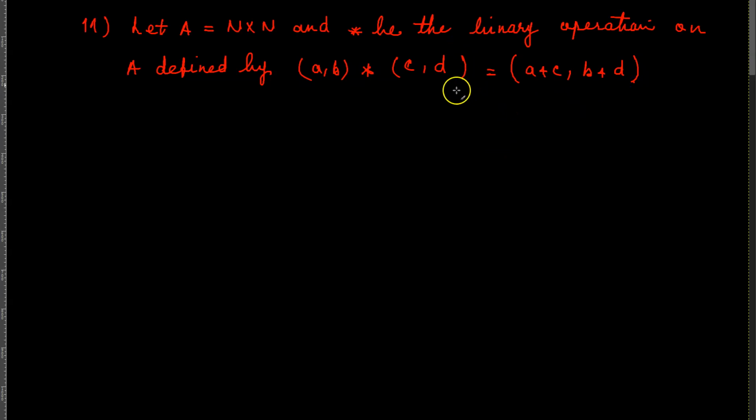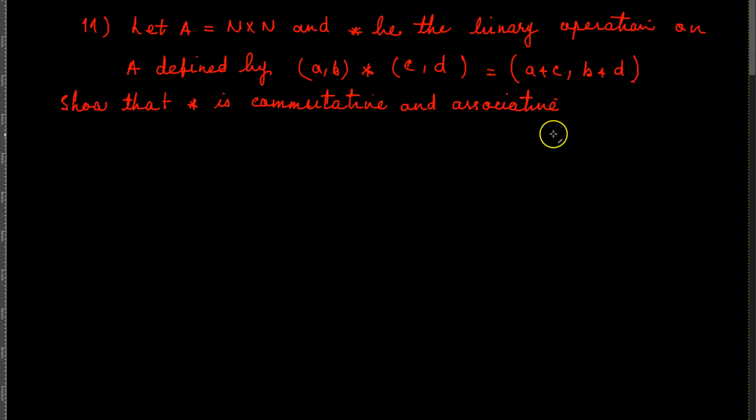You want to show that star is commutative and associative. Then find the identity element for star on A, if any.